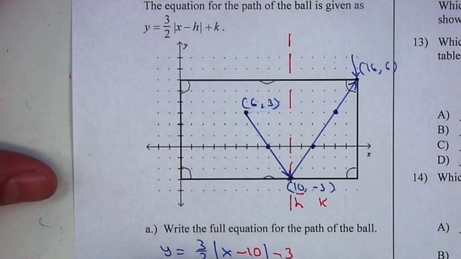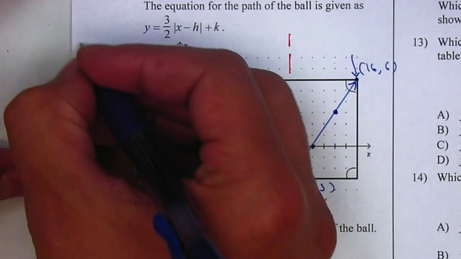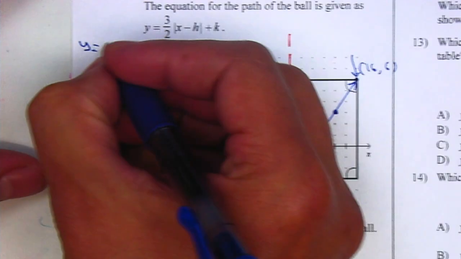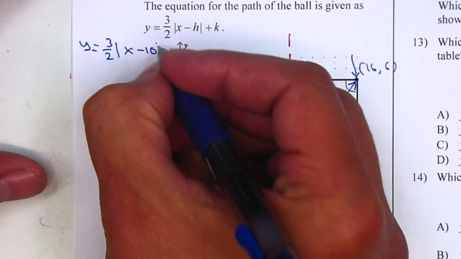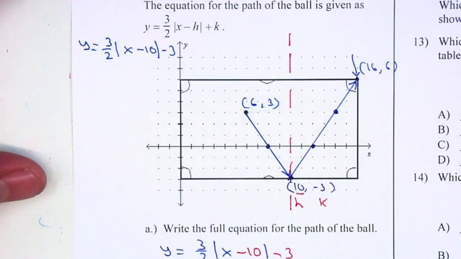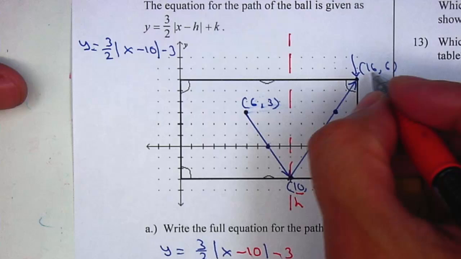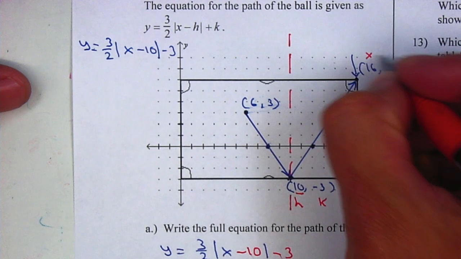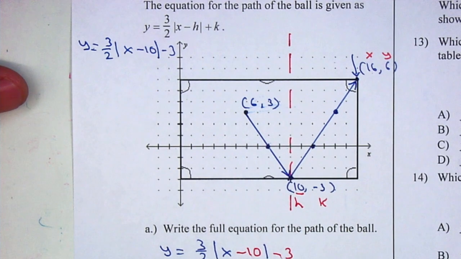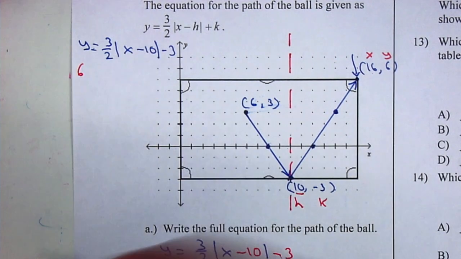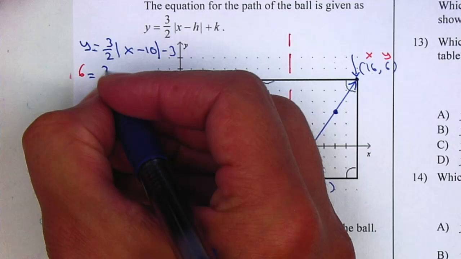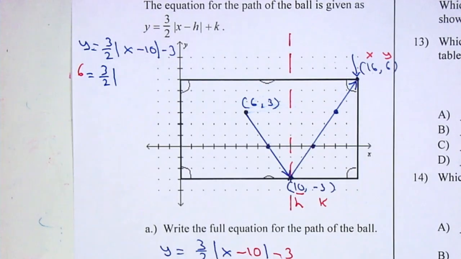So we are going to take this equation, y is equal to 3 over 2 absolute value of x minus 10, and then minus 3. To determine if this point is on the function, we just need to plug it in, that y and the x. And just be careful. The y is 6, the x is 16.